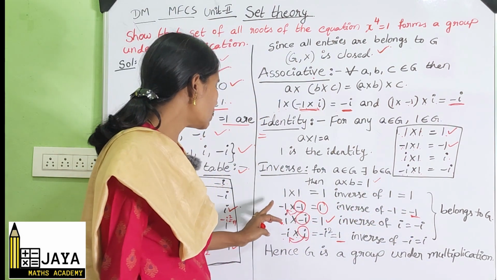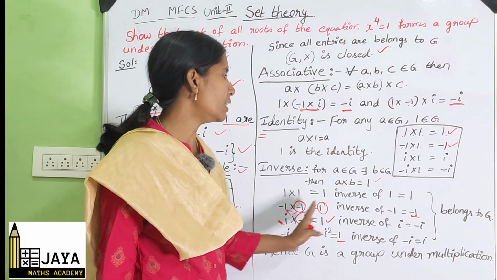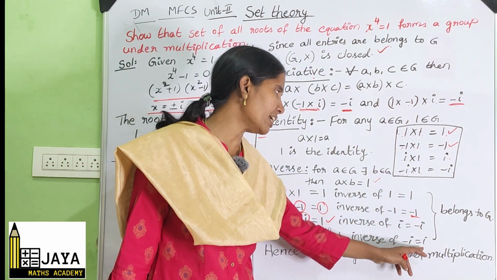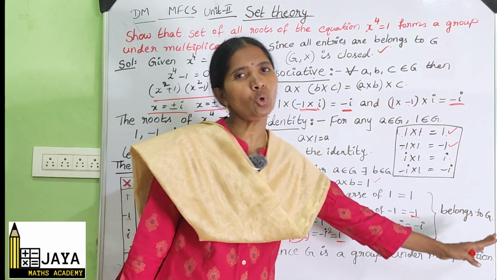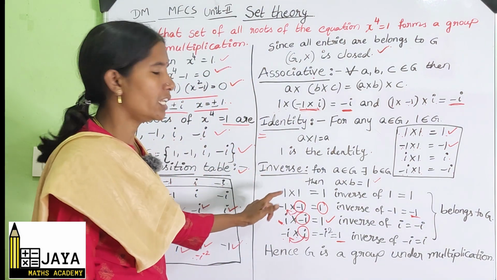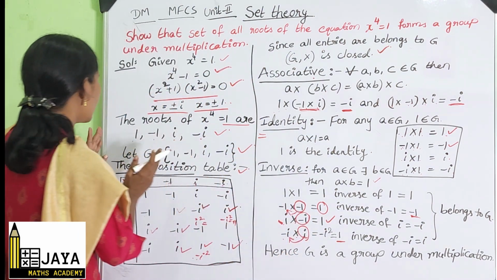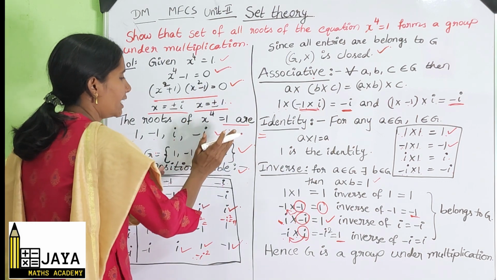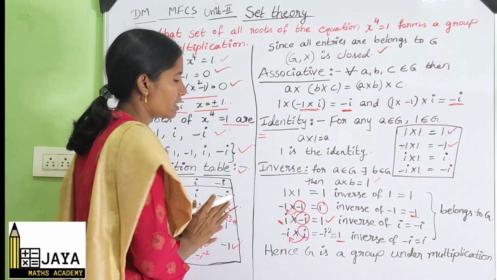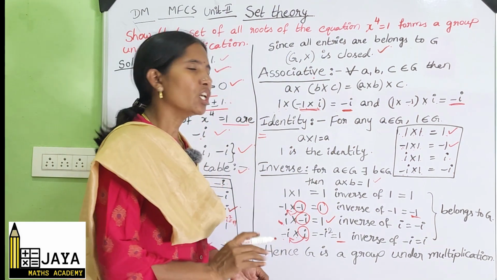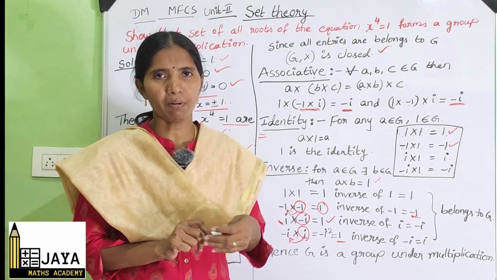Here 1, minus 1, i, minus i have inverse elements 1, minus 1, minus i, i, which all belong to G. So all the elements in G have the inverse. Hence we can say it is closed, associative, has identity and inverse. Therefore G is a group under multiplication.